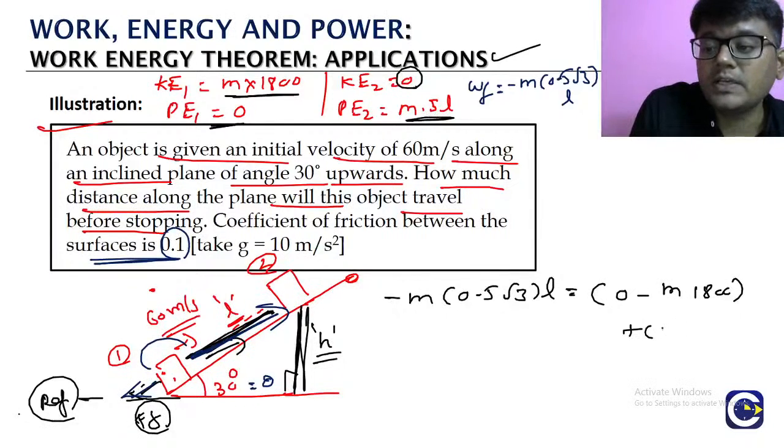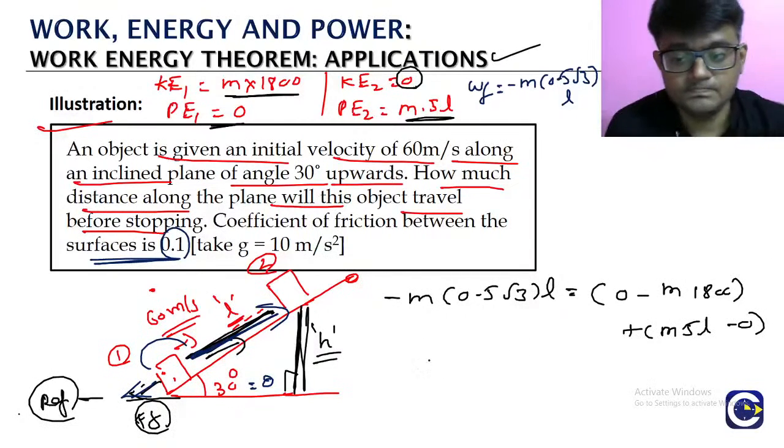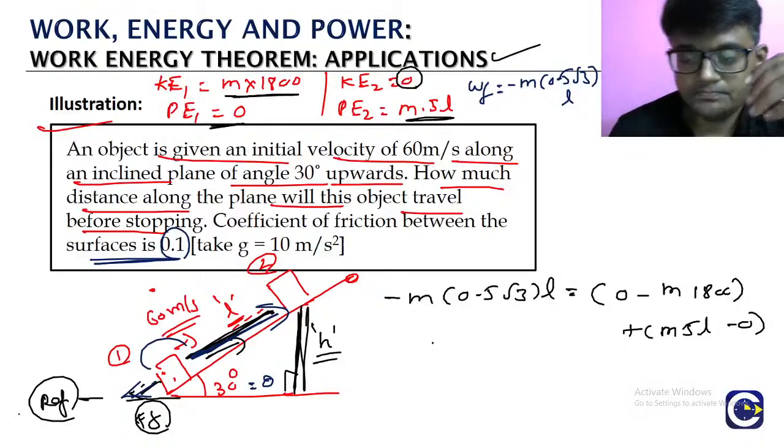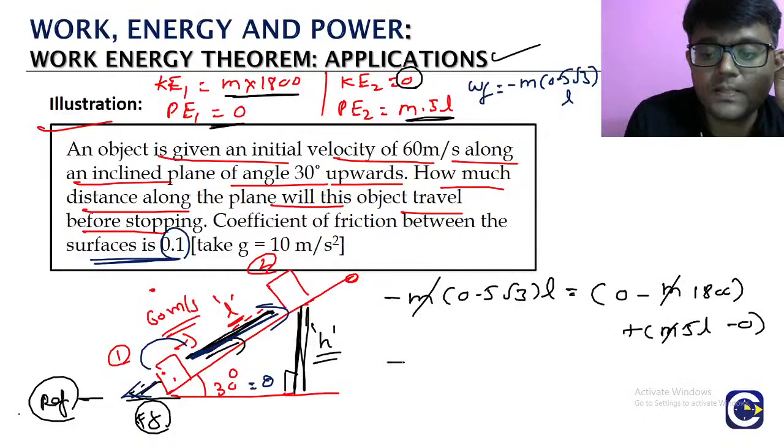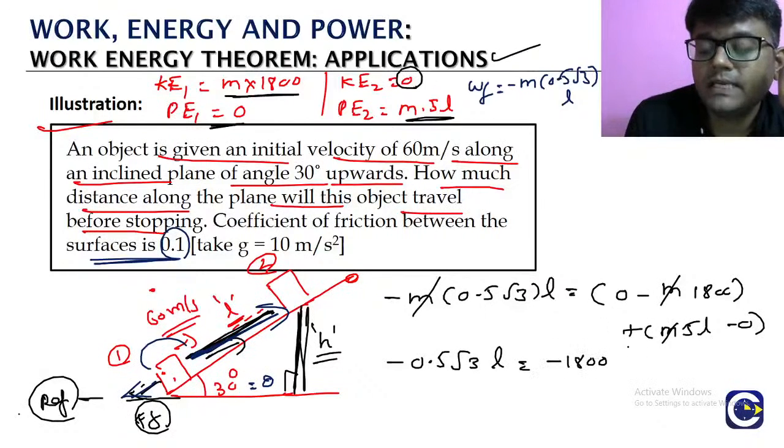That is M into 5L minus 0. Okay. So here we can see that M is going to get cancelled on both sides. Minus 0.5 root 3 L is equal to minus 1800 plus 5L.